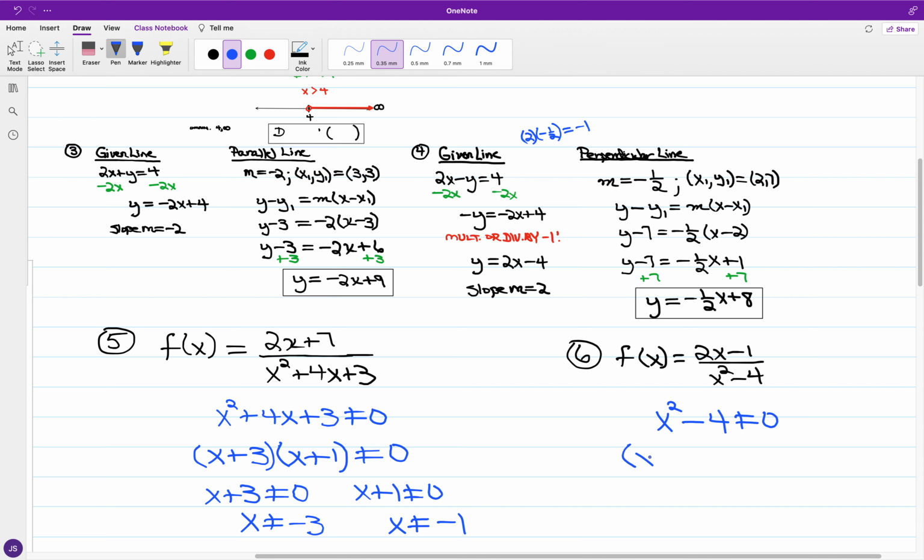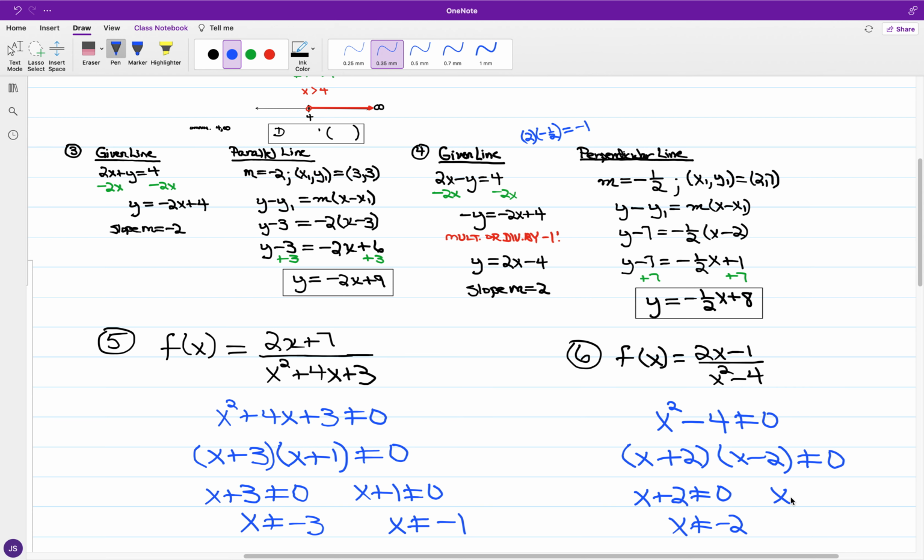So with x squared minus 4, we have a difference of squares. Factoring, we have x plus 2 and x minus 2, and neither factor can be 0. With x plus 2, that cannot be equal to 0, so we have negative 2 excluded.